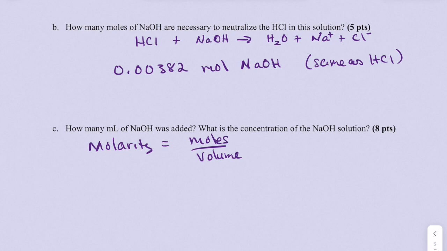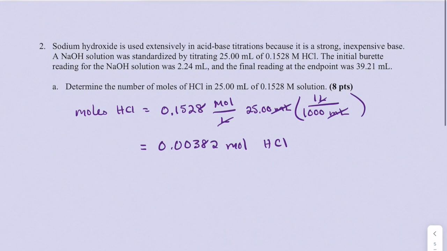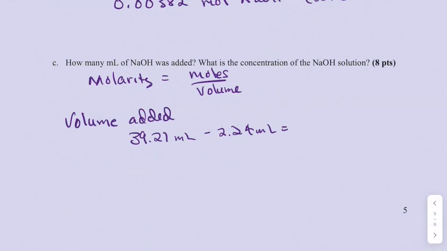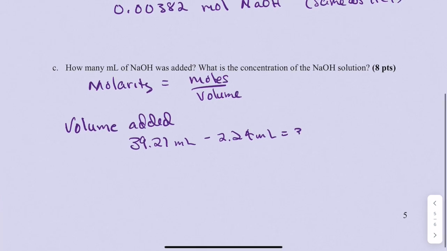So we started out with, let's just go back up here. We had 2.24 milliliters initially, and the final reading was 39.21. So the volume added was 36.97 milliliters.